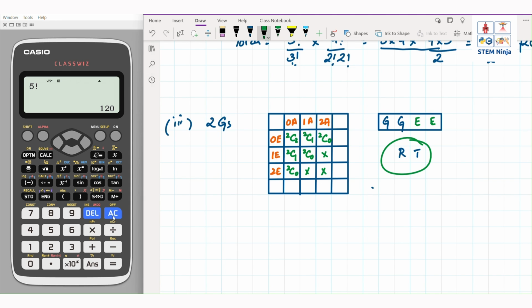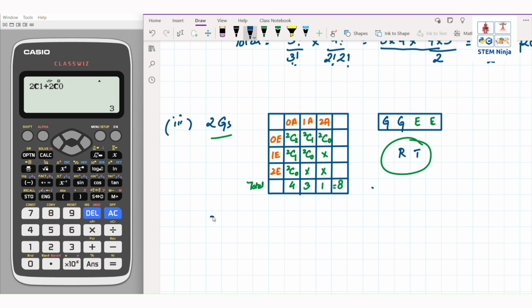So 2C2 plus 2C1 plus, you can add from the rows and you can add from the columns also, absolutely fine. 2C0, this becomes 4 total, 4. 2C1, 2C0, 3, and 2C0 is basically 1. So basically just 8 cases for 2 G's.